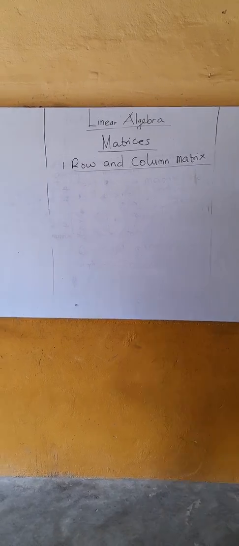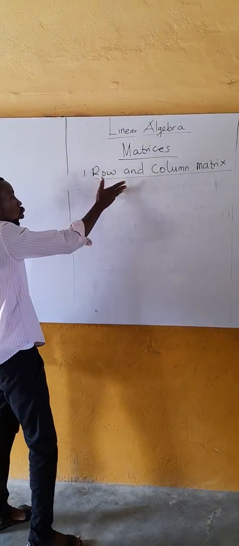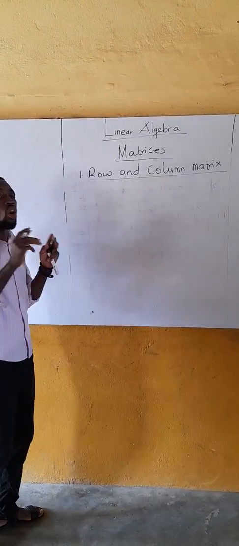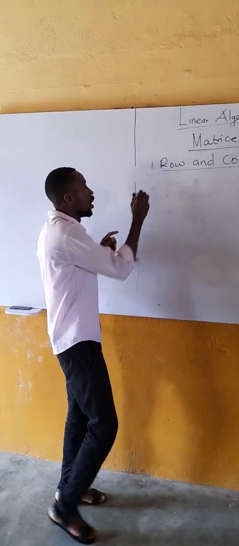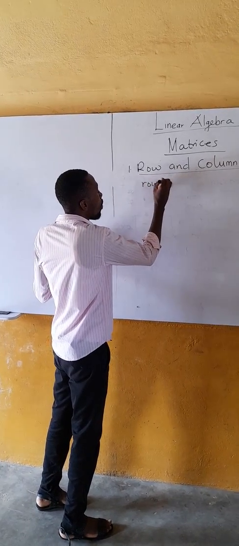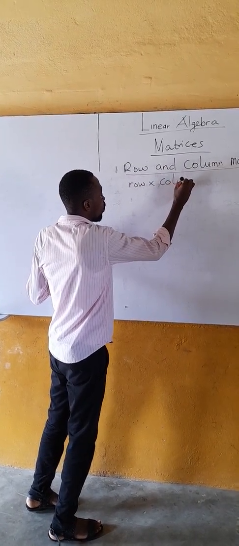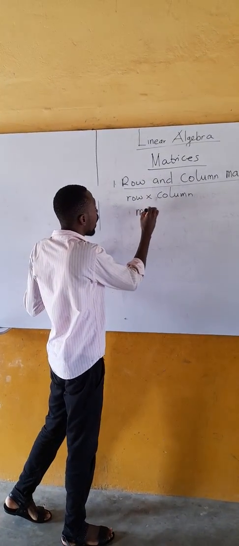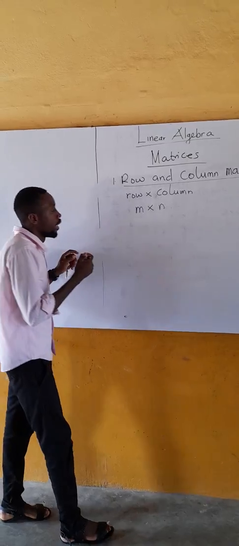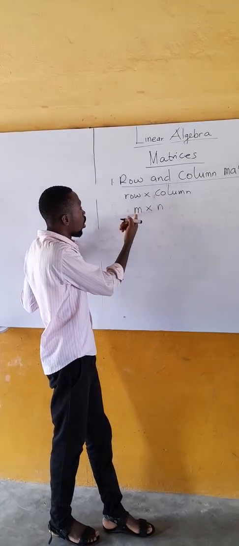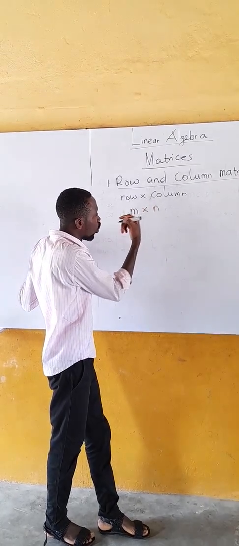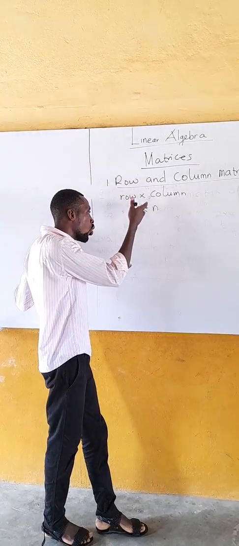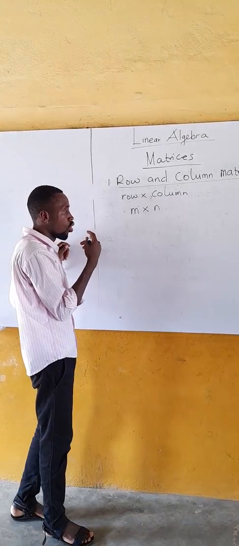So the first form of matrix we will talk about is the row and column matrix. Remember we said the order of a matrix is the row by the column. So if I write this m by n, then m is the number of entries in the row and n is the number of entries in the column.